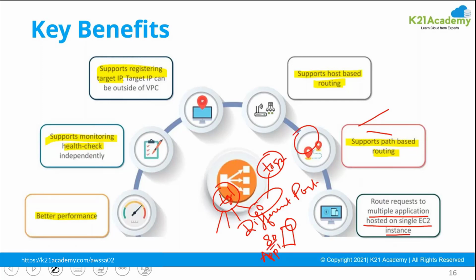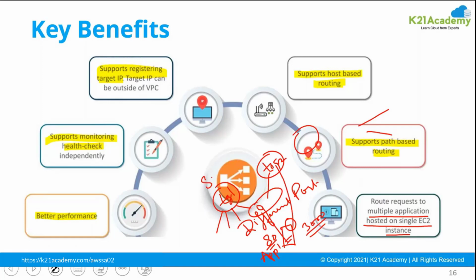And then on port number 3000, I have a Node.js application which is running. So I can create two target groups for it, although not with the application load balancer, because with the application load balancer, I can only have HTTP and HTTPS. So I have 3000. So I can create target group 2, and this same server can be part of target group 1 also, and can be part of target group 2 also.